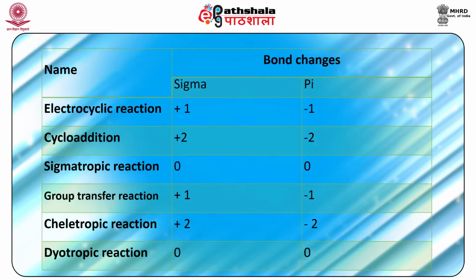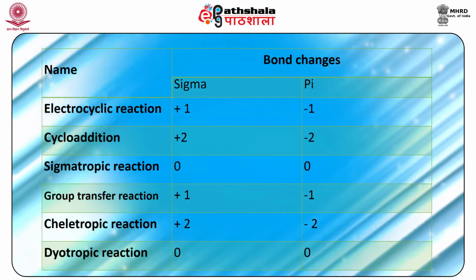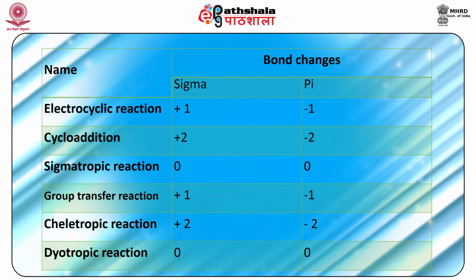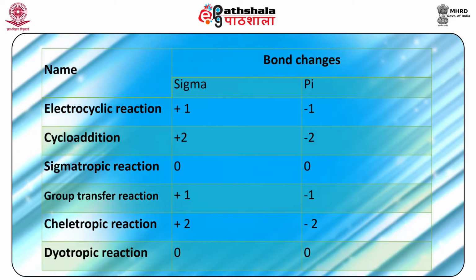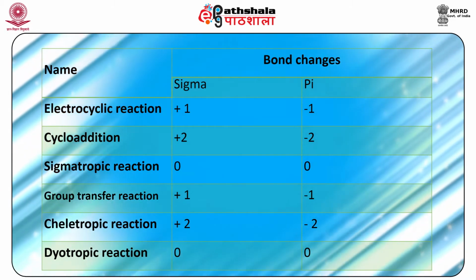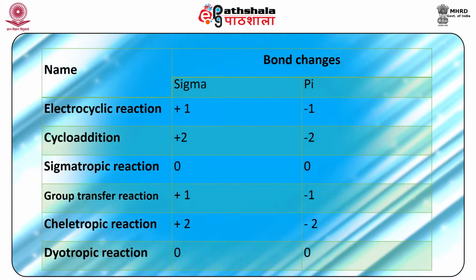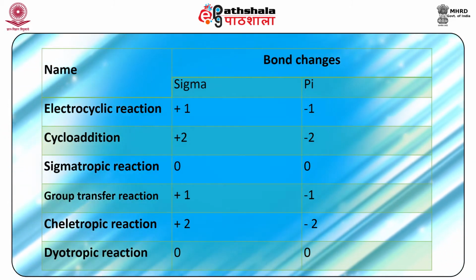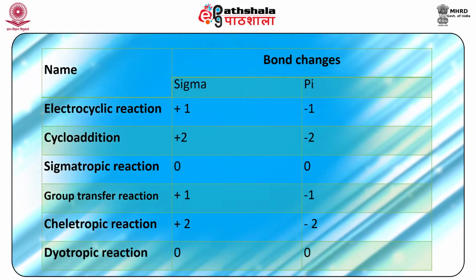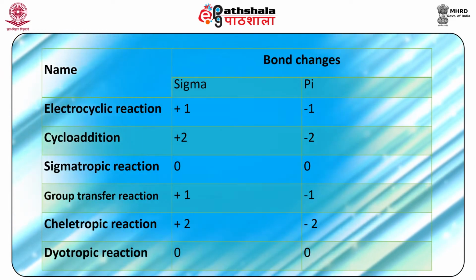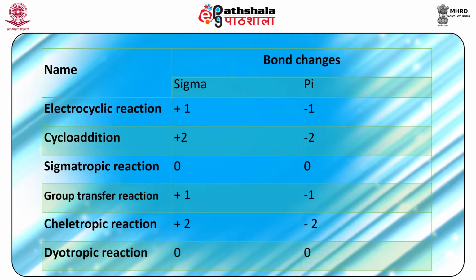Electrocyclic reaction, where one sigma bond is made and another pi bond is broken. Cycloaddition reactions show a +2 in the sigma bonds and a -2 in the pi bonds. Sigmatropic reaction shows no change either in the number of sigma or pi bonds.